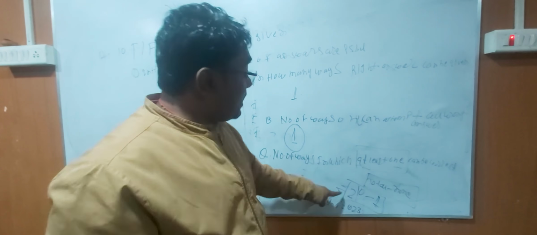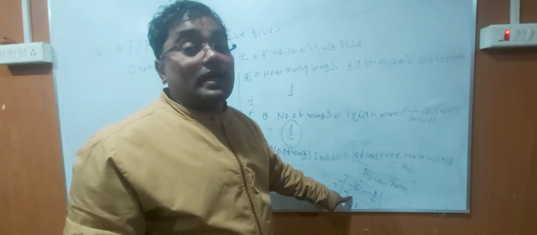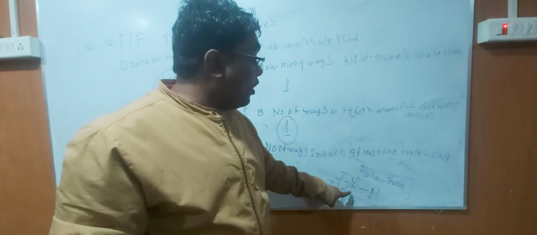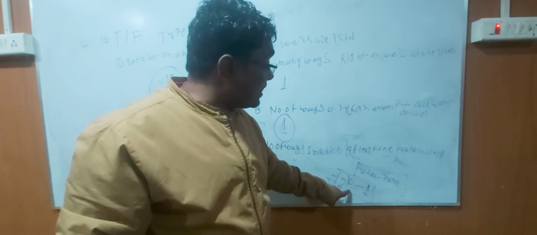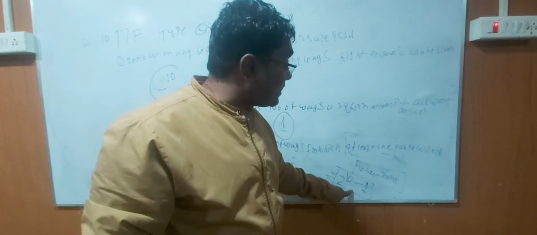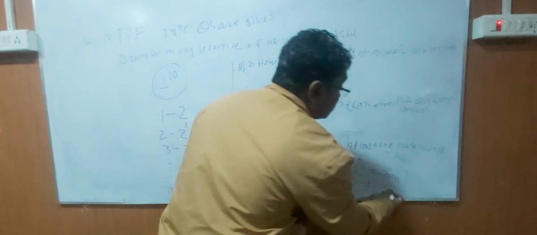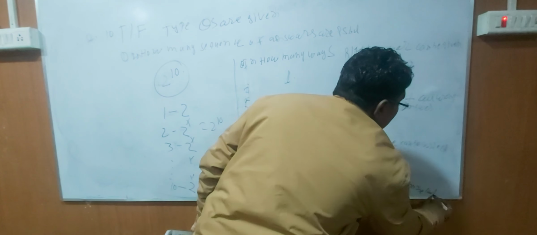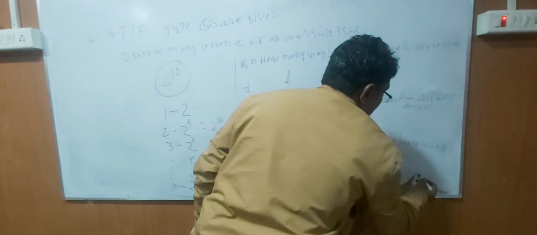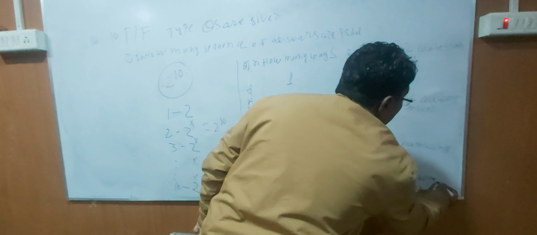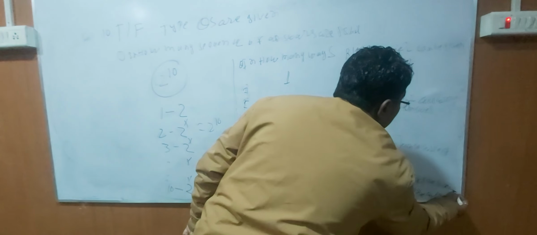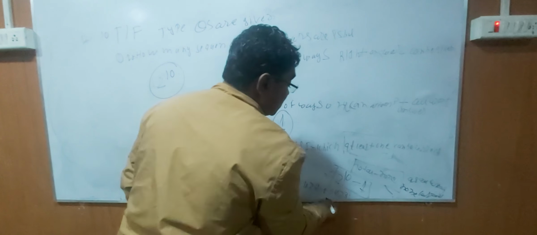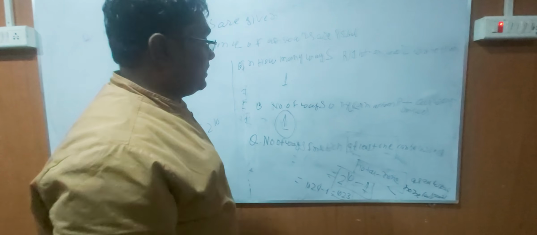Total means the ways in which all questions can be attempted, or a student can give the answer, which is 2 to the power 10, minus none, meaning none correct, or all wrong. How many ways? One way. Then the answer is 1023. Okay.